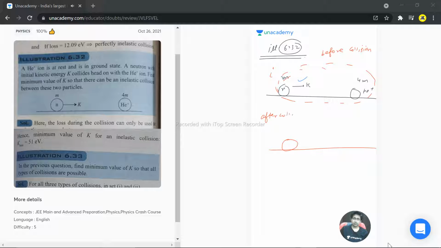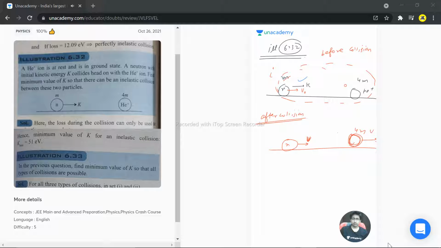The neutron's initial velocity is v naught, and the initial velocity of the ion is 0. After the collision, the velocity of the neutron becomes v, and the same velocity v is with the helium plus ion of mass 4m.